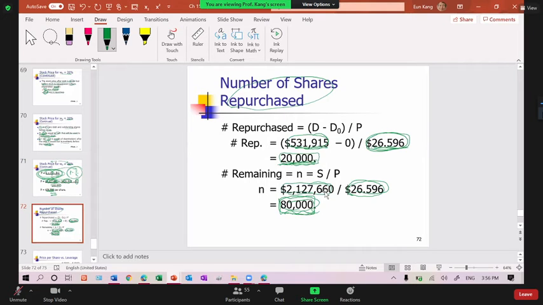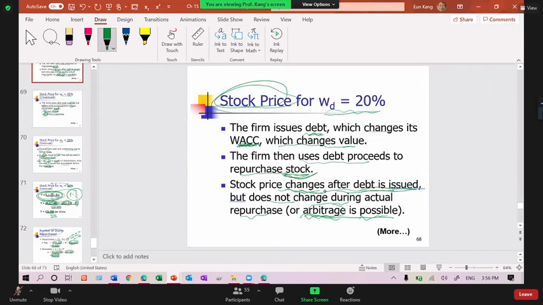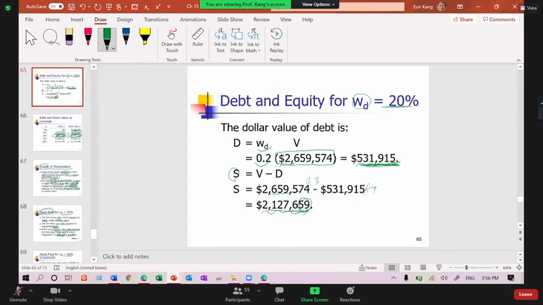For the 26.596, what is this considered? The number of repurchased, or what price is it? What is the P? P is price of the stock when WD is 20%. And that is here. Not this one.